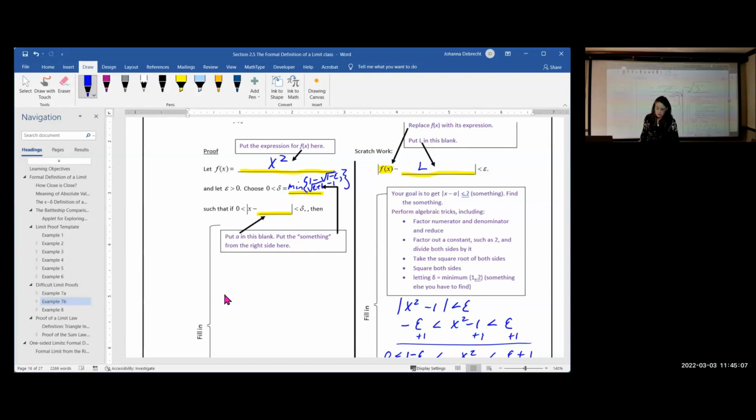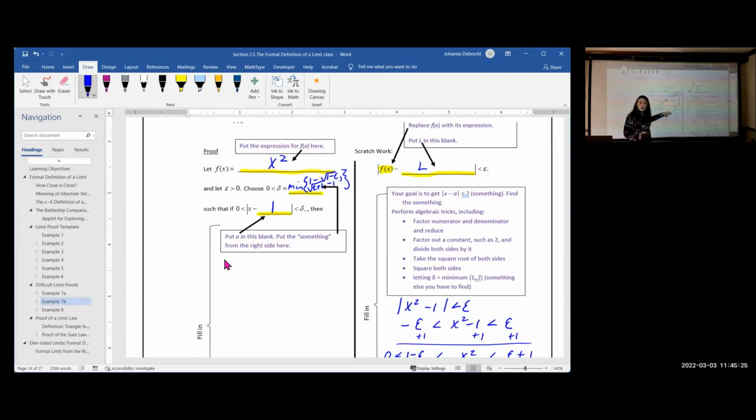Whichever one of those is the smaller, then that's the one I want to choose. Such that, provided x doesn't ever get to a greater than 0, that's what the greater than 0 guarantees, then the absolute value of x minus a, which is the 1, will be less than delta.